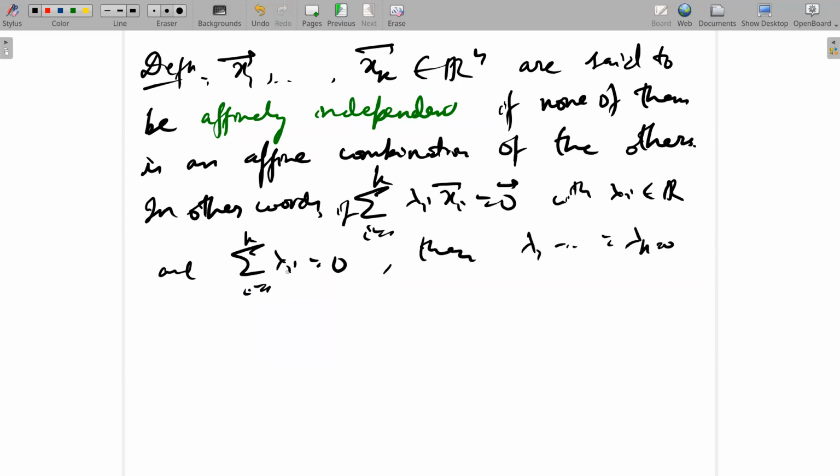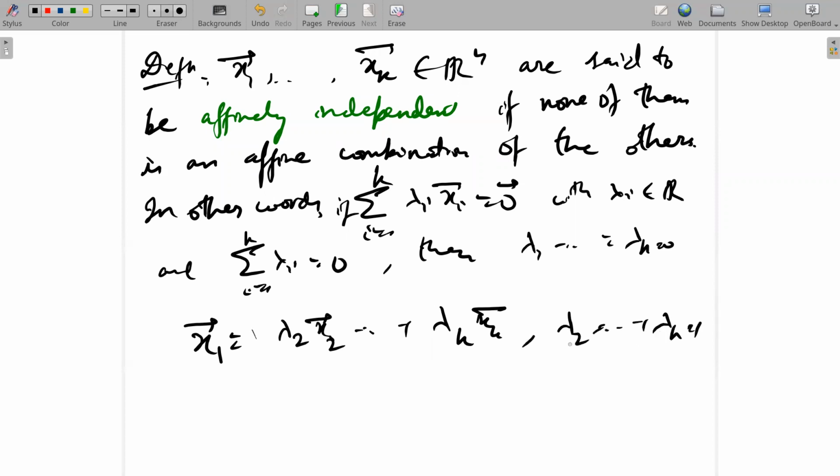You might be wondering, why don't I have a 1 here? Whenever I'm talking about affine combinations, I usually have this, but typically it just means this. If I'm writing x1 as lambda 2 x2 all the way up to lambda k xk, say, without loss of generality, that you are able to express x1 as an affine combination of these, what this means is the coefficients sum up to 1, so there is a coefficient 1 here.